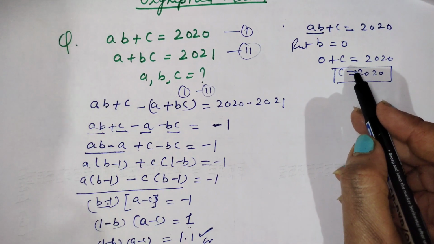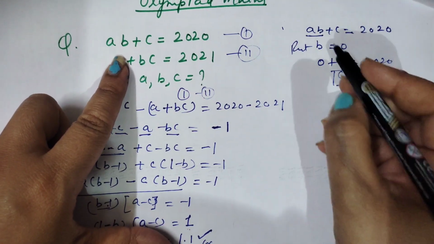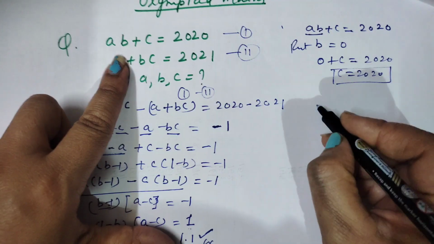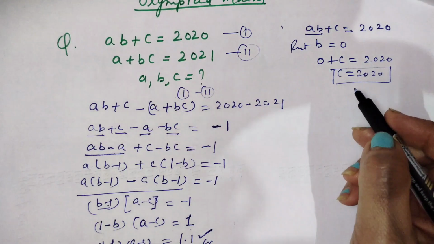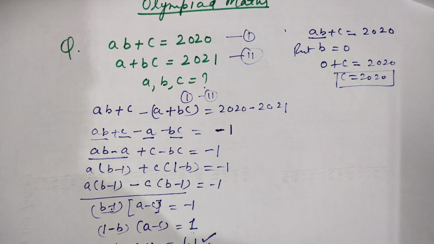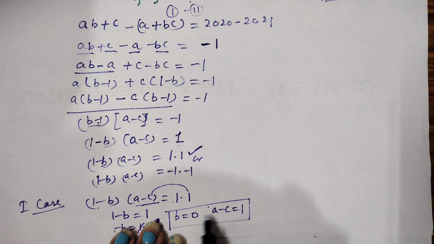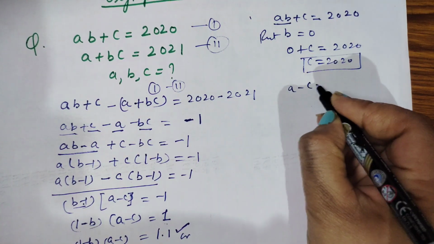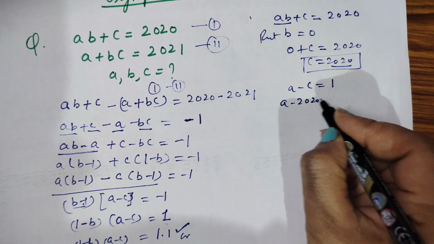Now find the third value, A. How to find this third value? Put B equals 0 and C equals 2020. In the first case A minus C equals 1, so we'll write A minus C equals 1 and the C value is 2020.